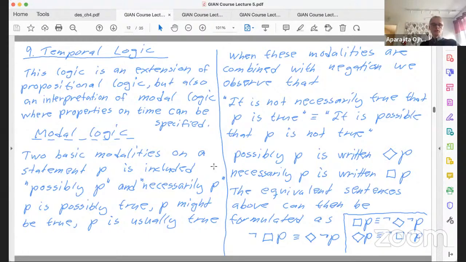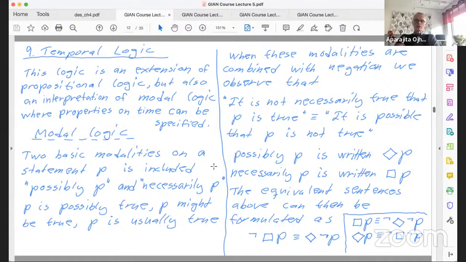So P is possibly true, P might be true, P is usually true, are synonymous notions for this more vague statement. And then it's interesting that when you put the negation on these statements, they are complementary to each other.